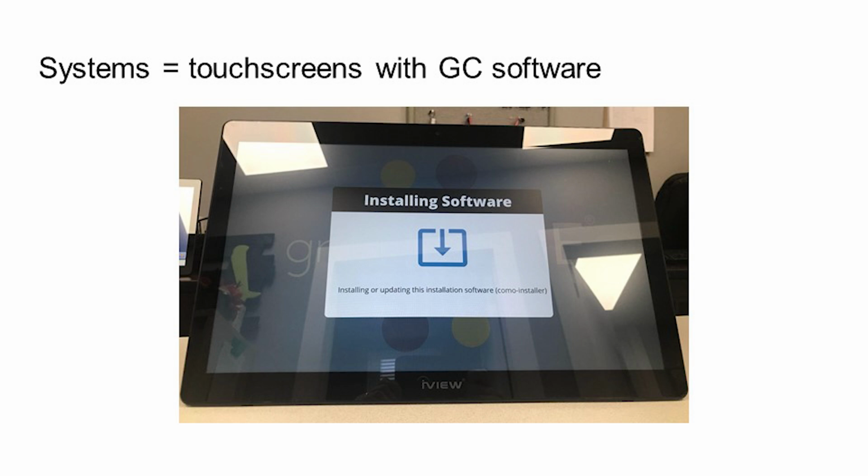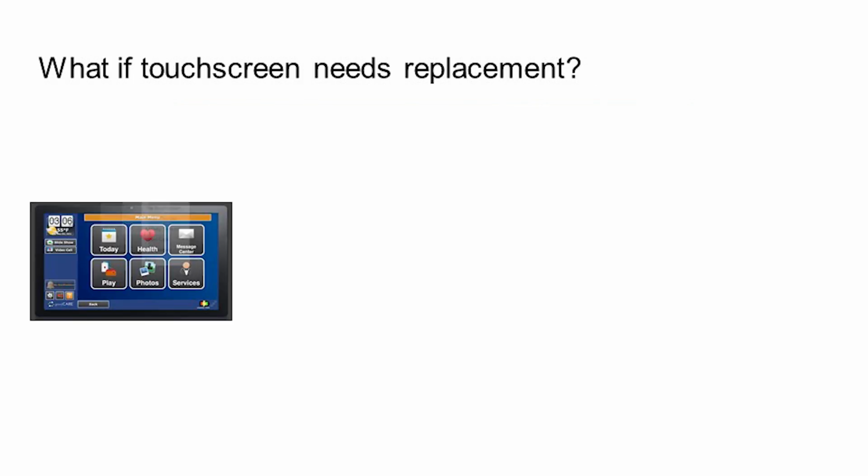But I mentioned these two things, even though we went over them last time, because we're going to add something in addition to what we learned before, which is the new concept that I'll describe by proposing the following scenario. What happens if something bad were to happen to a touchscreen?